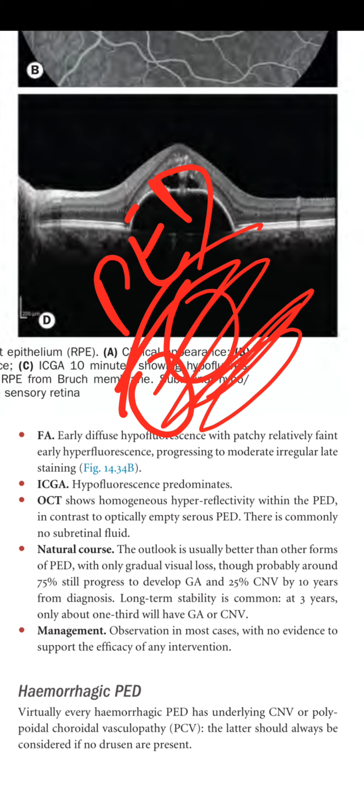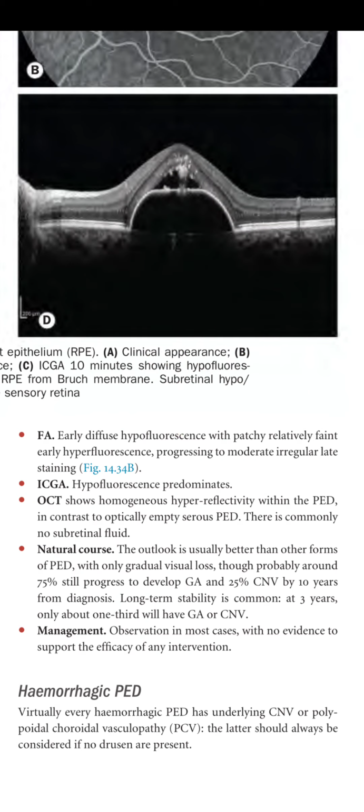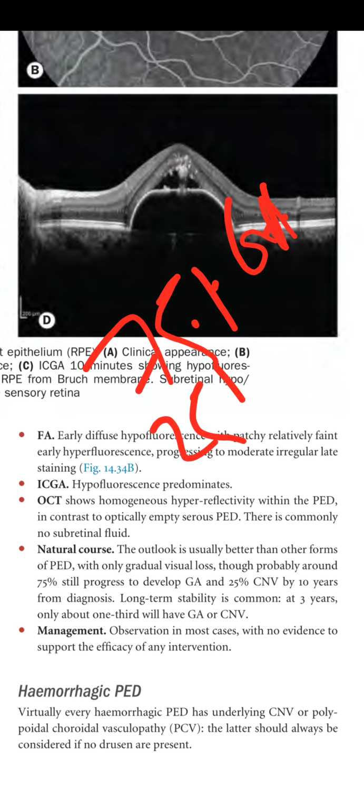Natural course: the outlook is usually better than other forms of PED with only gradual visual loss, though probably around 75% still progress to geographic atrophy. So 75% will progress to geographic atrophy and 25% to CNV by 10 years from diagnosis. Long-term stability is common. At 3 years, only about one-third will have geographic atrophy or CNV. Management is observation in most cases, with no evidence to support the efficacy of intervention.